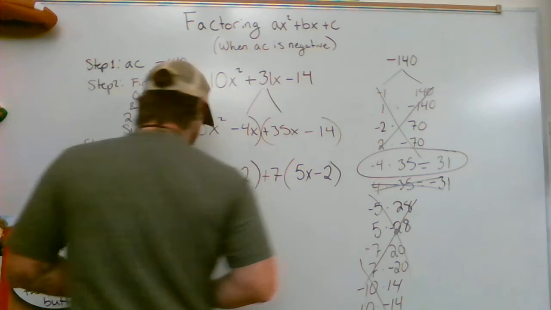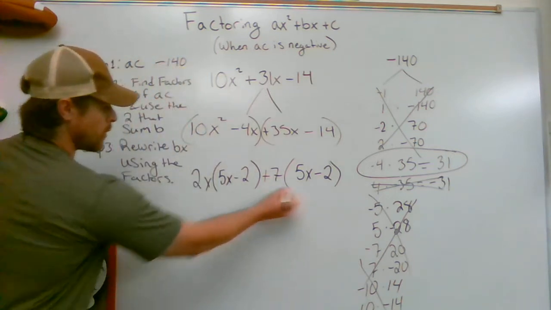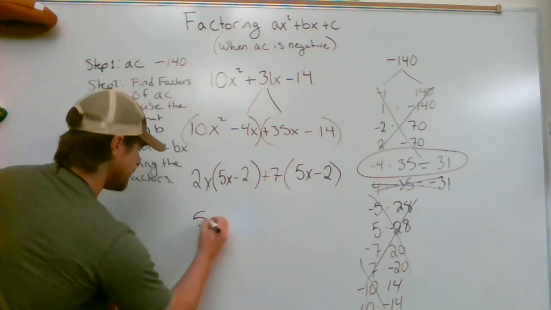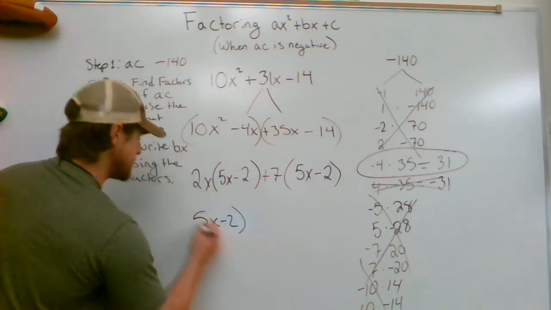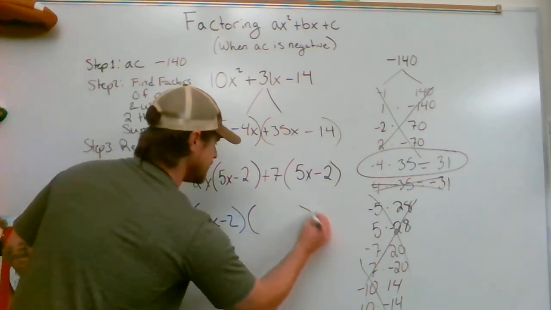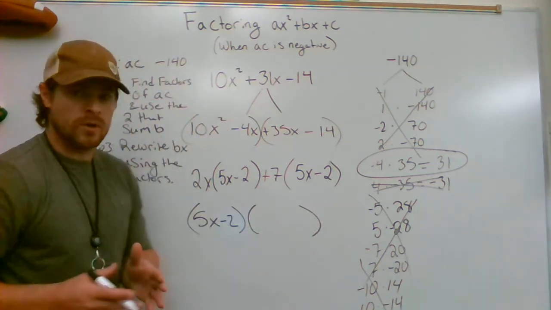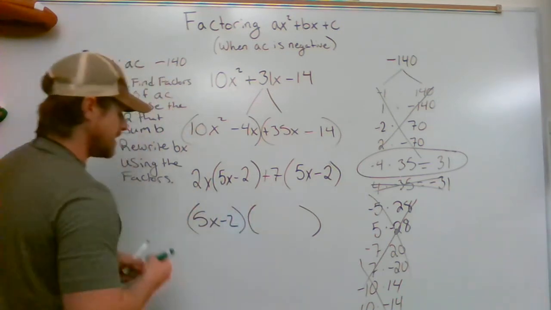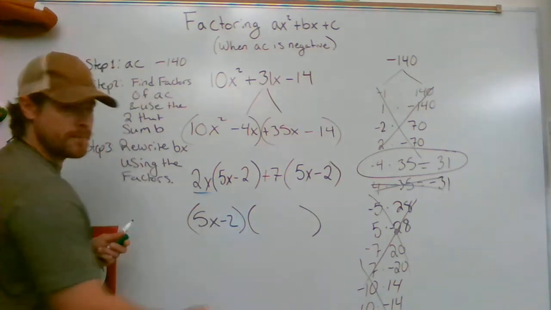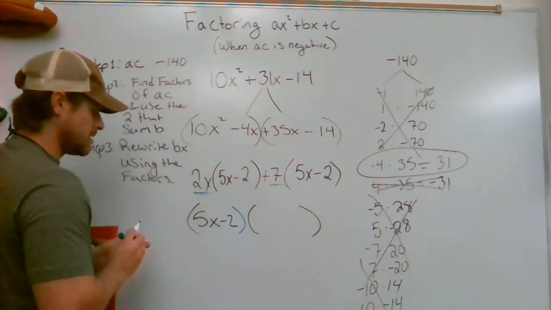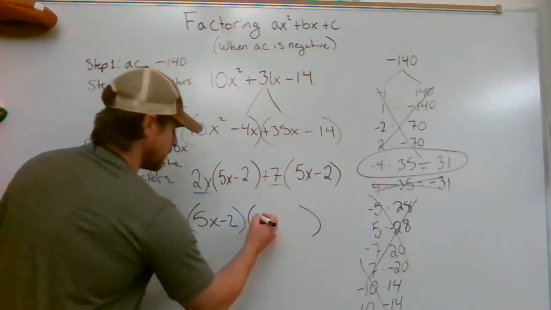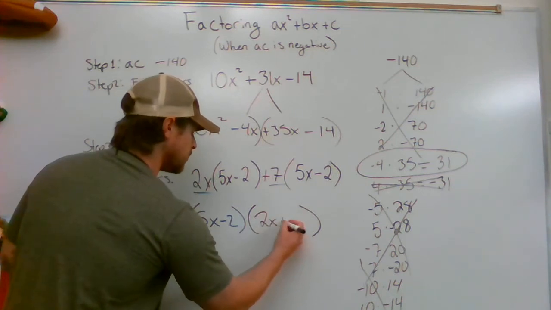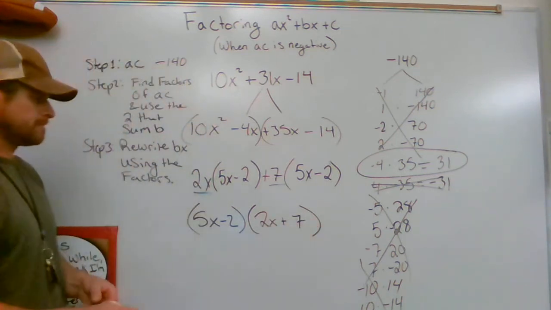So my last step here is to write one of the twins out, 5x minus 2, and then the other parenthesis, the other binomial, is going to come from my two GCFs. So I'm going to use this here, which is what I pulled out, and that there to write my other binomial, 2x plus 7.